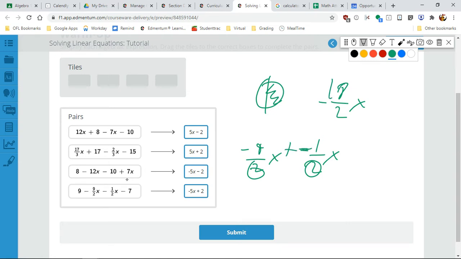So we have 10 negatives. Sorry about that, guys. I forgot that we're adding a negative. They both have negatives, so we have 10 negatives altogether. 10 negatives divided by 2, that's just negative 5x.